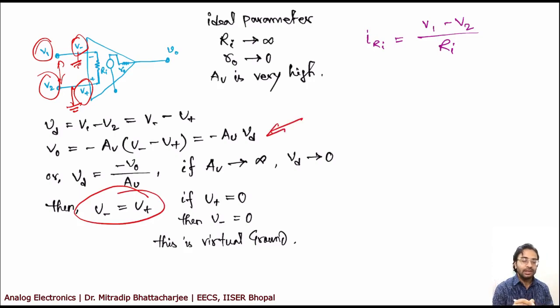With some simple assumption based on the circuit, we got V minus is equal to V plus. So if you ground V plus, your V minus will also be grounded, and in that case we call this ground as virtual ground. It is not physically grounded, it is virtual ground.